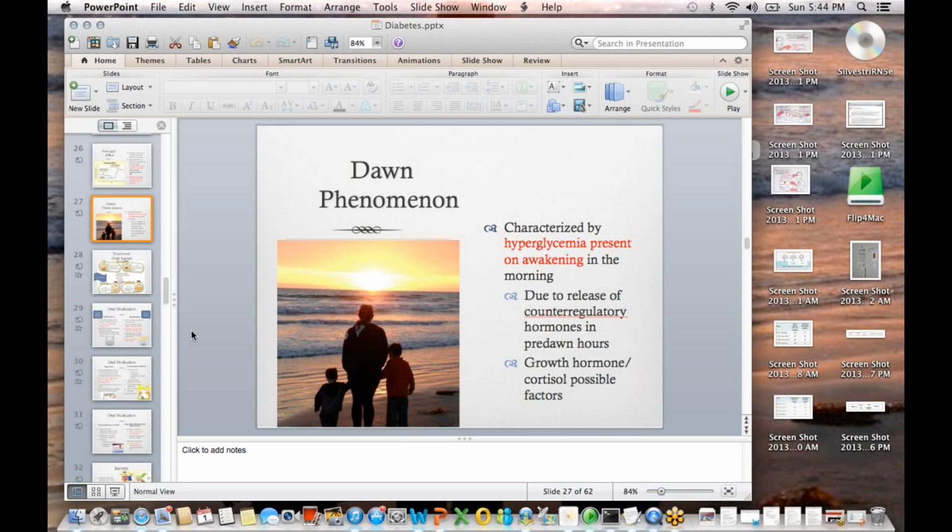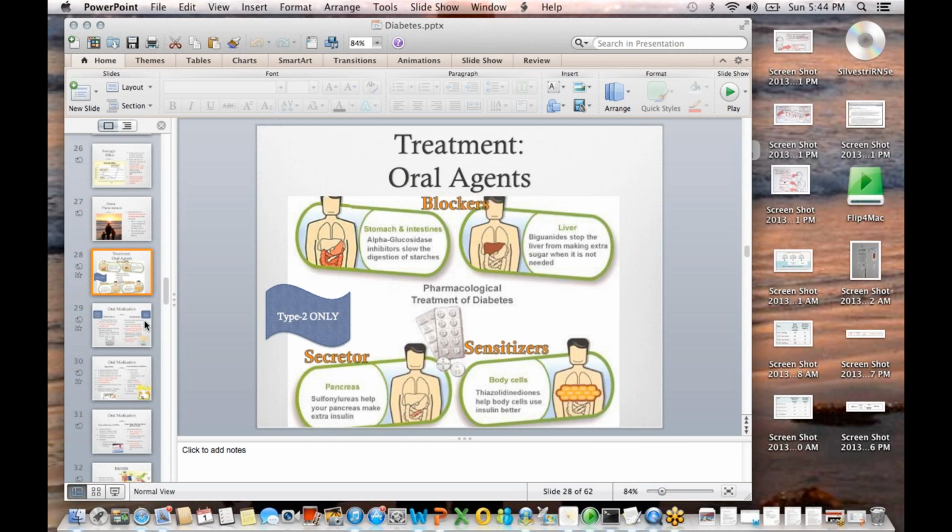So you don't want them to have low blood sugar at night. You either reduce the mealtime insulin or give them a light bedtime snack, so they don't have low blood sugar. And that usually has better management. And then for the hyperglycemia in the morning that doesn't have low blood sugar at night, sometimes you can give them a little bit more of a basal insulin at night to cover the high blood sugar.